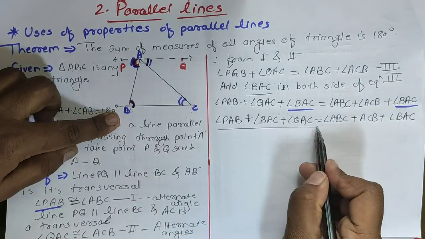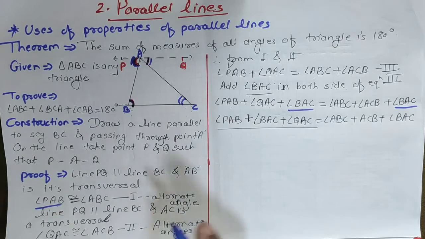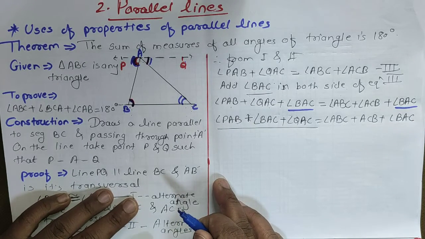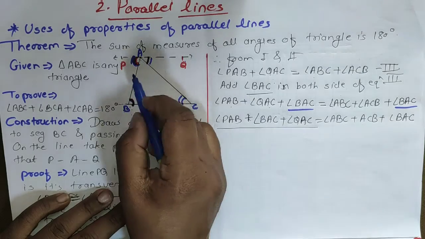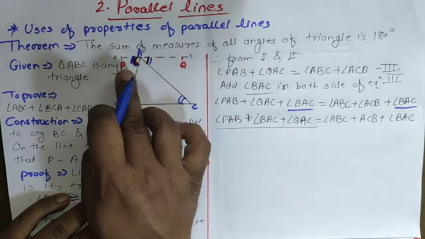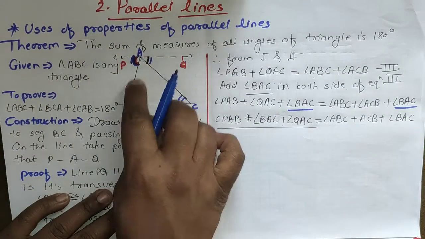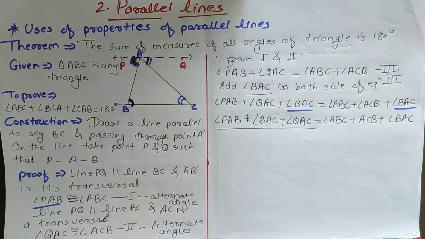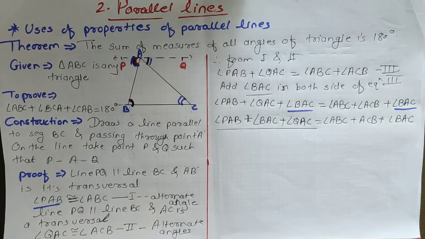If you notice, what is the sum of all these angles? These three angles, PAB, BAC and CAQ, are in a linear pair.